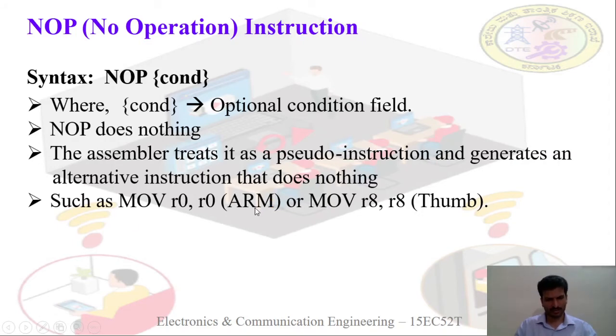In ARM mode, this instruction is encoded as MOV R0, R0, whereas in Thumb mode, it is encoded as MOV R8, R8. It moves the value of R0 to R0, which does not change anything, so it does nothing. Normally the NOP instruction is used to generate delay. So this is regarding NOP instructions.